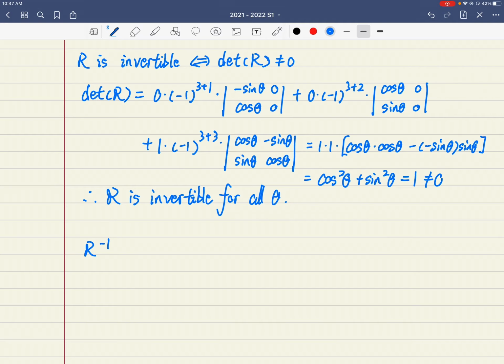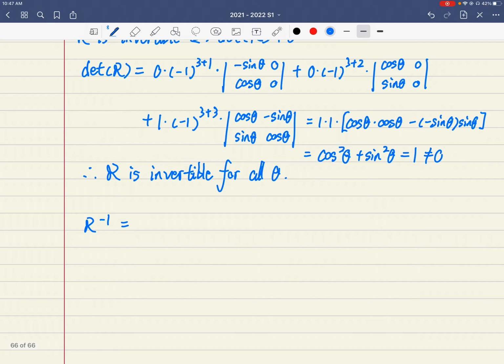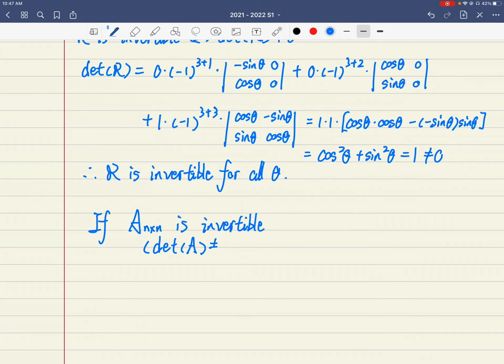So let's find the R inverse. For any matrix, let's write down the formula. If an m by n matrix is invertible, which you already know, that means the determinant of that matrix is not 0.